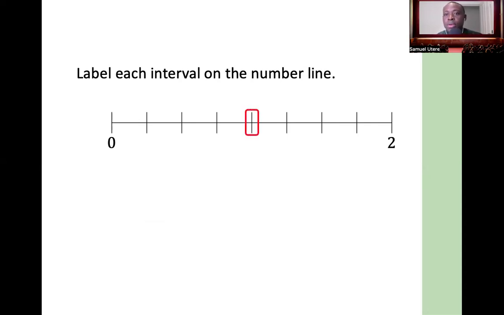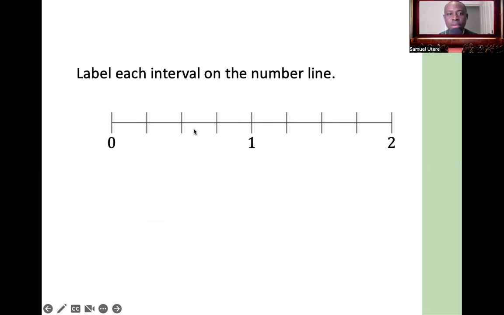Okay, another way of thinking about it is to say, okay, what is halfway between 0 and 2? It has to be 1, right? Now, if we look at just this first half of the number line, we can see that we have 0 to 1 as the value from the beginning to this part of the number line.